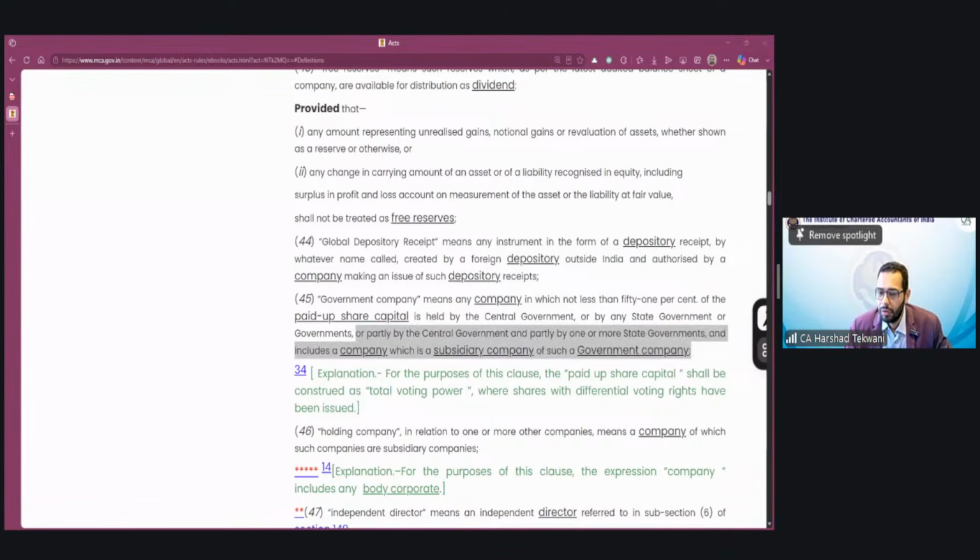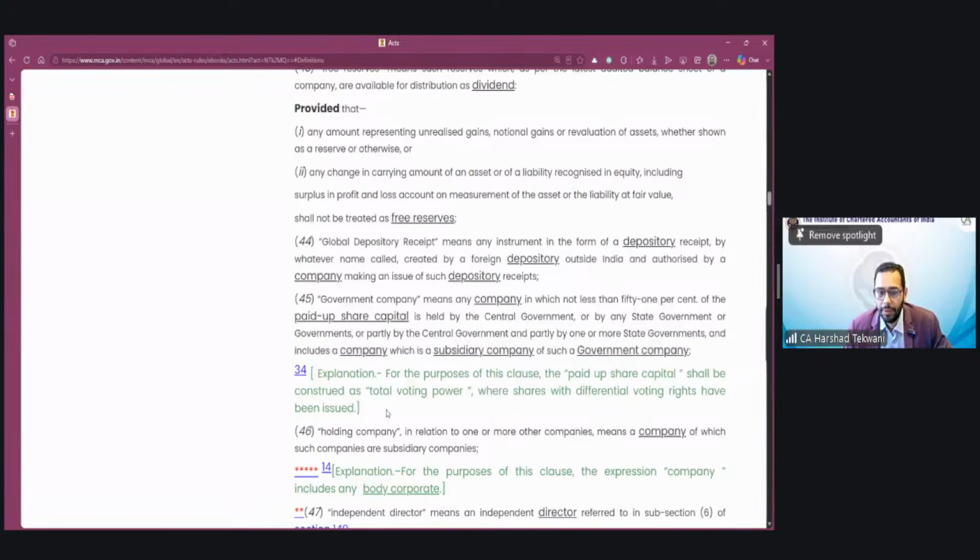Okay, so here we are talking about multiple things. One, a company in which not less than 51%, that is more than 50%, is held by the central government, state government, or in combination, and that includes their subsidiary also.